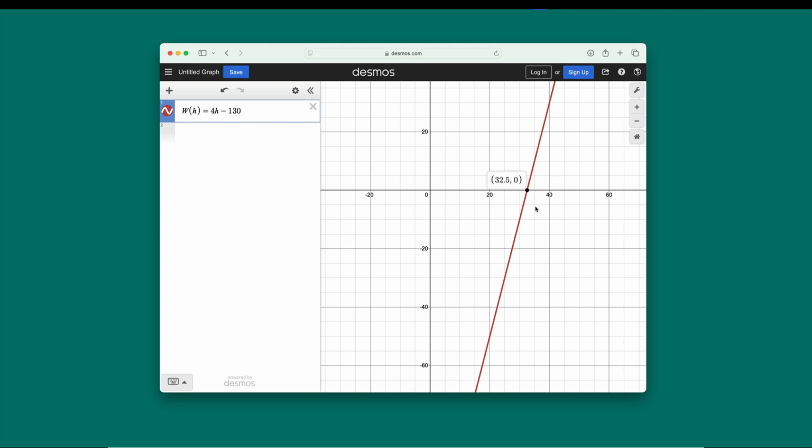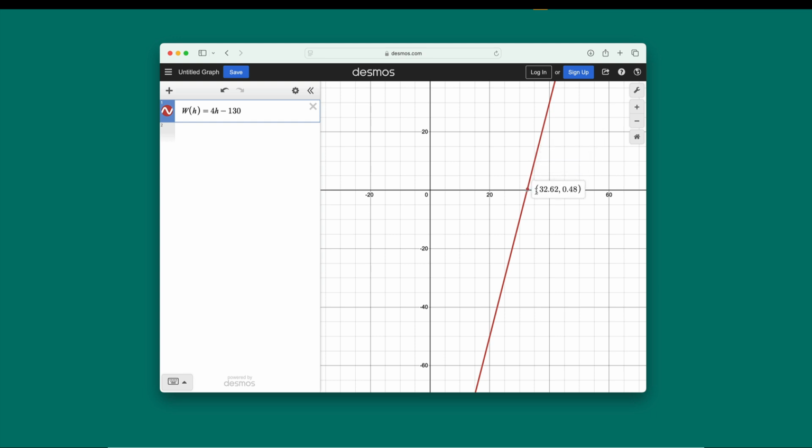They don't start making sense until we get to this point here. The x-intercept here, or H-intercept, we get 32.5, and that gives us an input there. After 32.5, you can see that the outputs become positive.